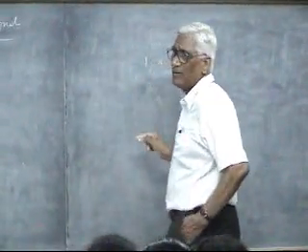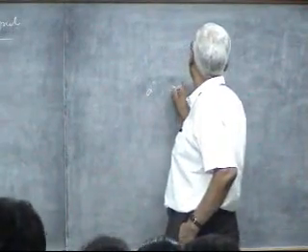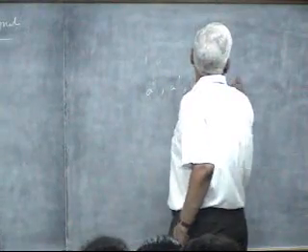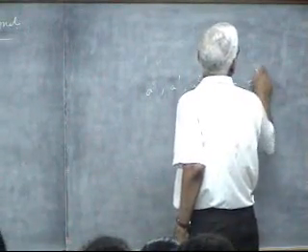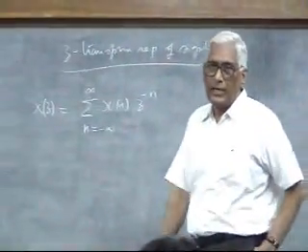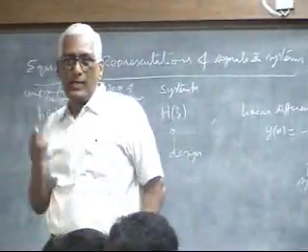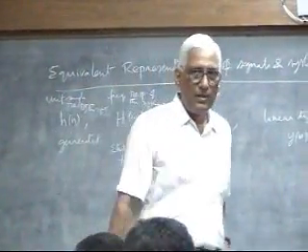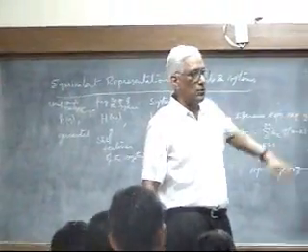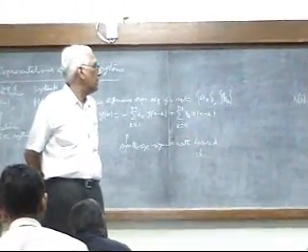My x(n) is the following, up to infinity. That is, x(n) for n less than 0 will be 0, and for n greater than or equal to 0 it will be this one: a to the power 0, a to the power 1, and so on.